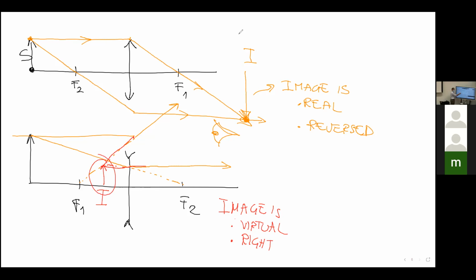Clear? Now, clearly, instead of having just a positive and a negative lens, you can get many situations by combining the refractive indices and the radius of curvature as you wish. So with this, we finished the overview in optics.